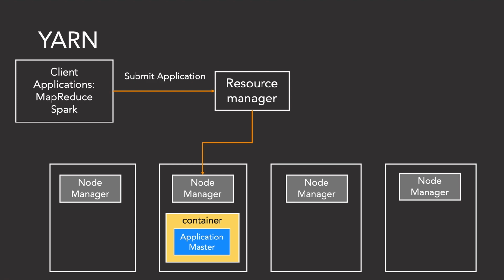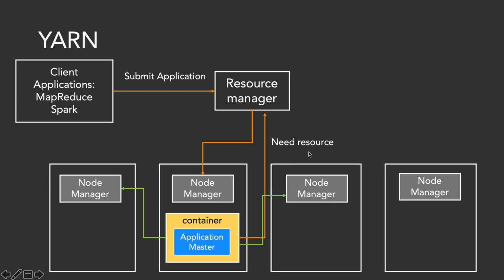Once the application master is started, it will ask the resource manager for more resources, meaning that the application master would say to the resource manager that it needs more resources to execute the code in a distributed fashion. The resource manager will say, okay, you can go ahead and work with node number 1 and node number 3.